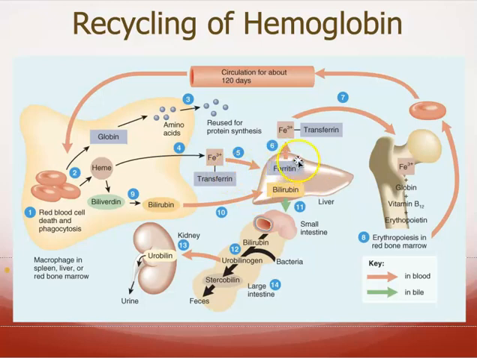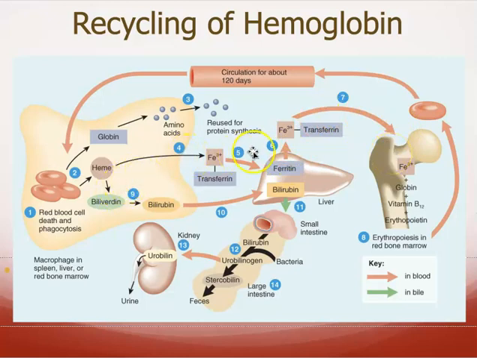In the liver, it is bound as a molecule called ferritin. Again, you don't want it to damage the liver. And then once it's needed in the red bone marrow to produce more red blood cells, we simply attach it to that transferrin, that shuttle, and then take it to the red bone marrow.